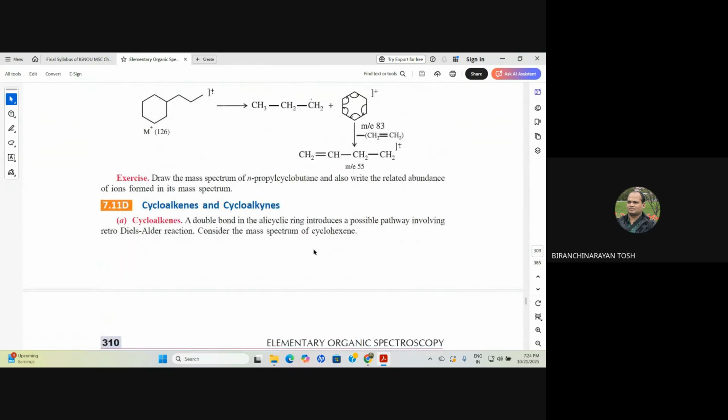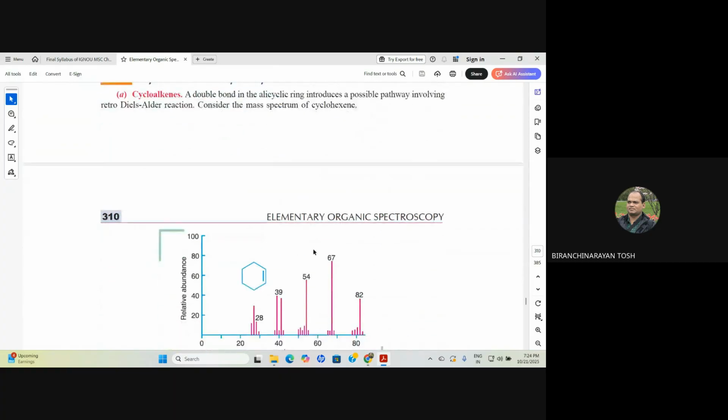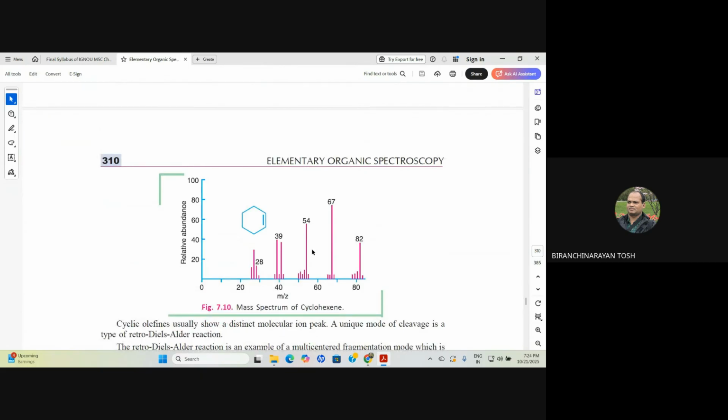Then cycloalkenes or cycloalkynes. Here the unique mode of cleavage is the retro-Diels-Alder reaction. It is an example of a multi-centered fragmentation mode, which is characteristic of cyclic olefins.